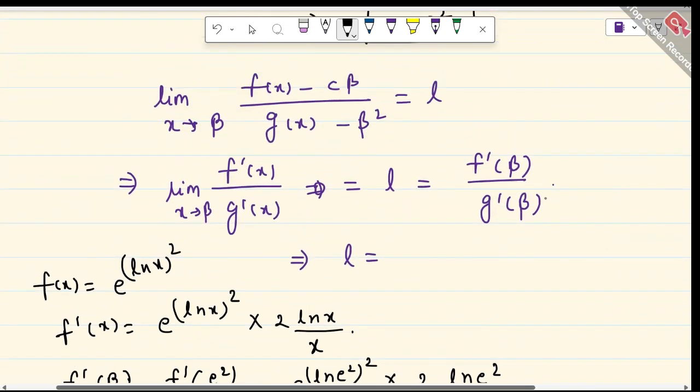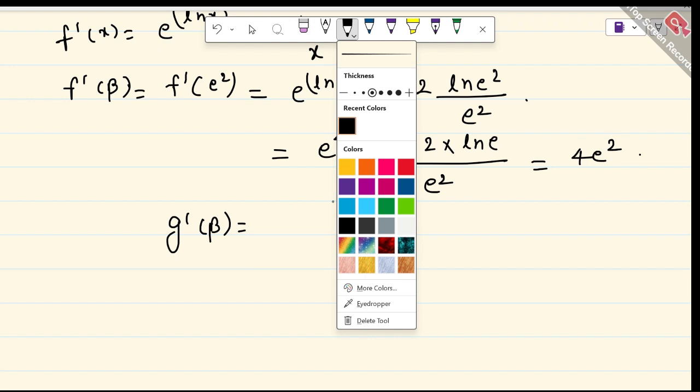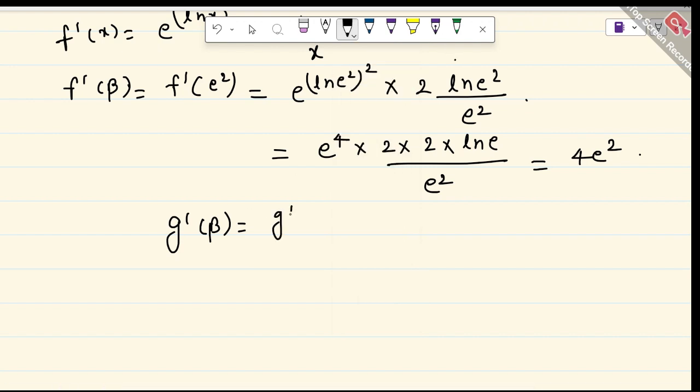Now g dash beta is equal to g dash of e square, and we have g(x) is equal to e square x. So g dash x is e square.